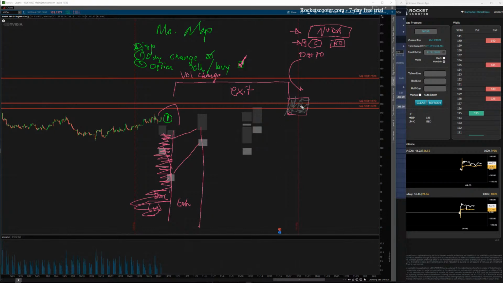Do y'all like that? That's pretty solid. So ideally it'll say entry, my exit, exit before you hit that resistance.